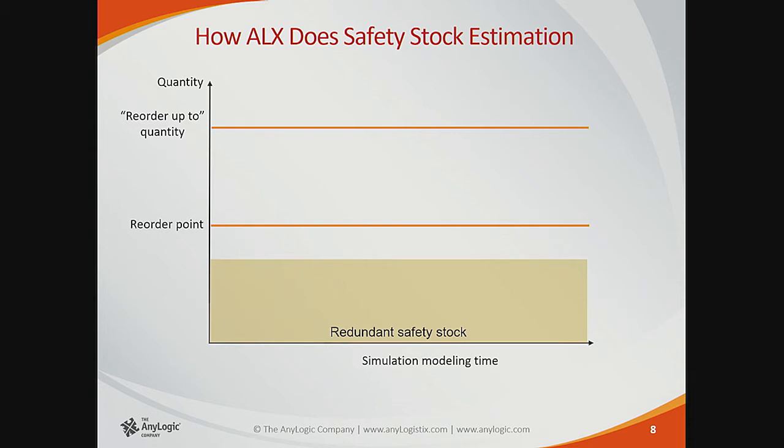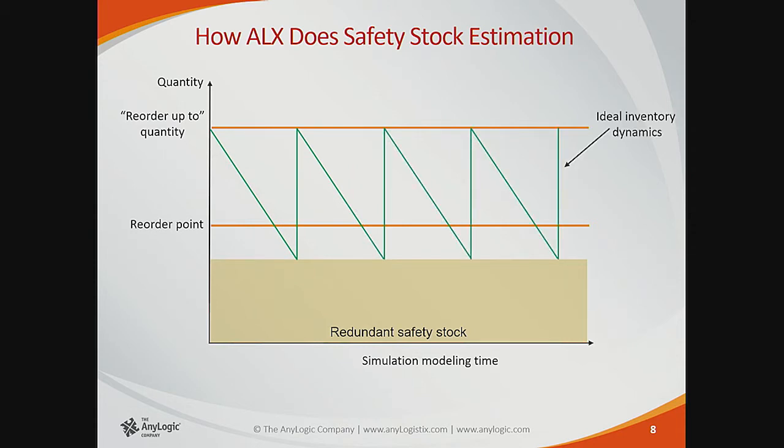We know in advance that that's much more than you actually need. And in the ideal situation, you will never use this redundant safety stock. But once we introduce variability into the model, we'll get a different picture. For example, like that.